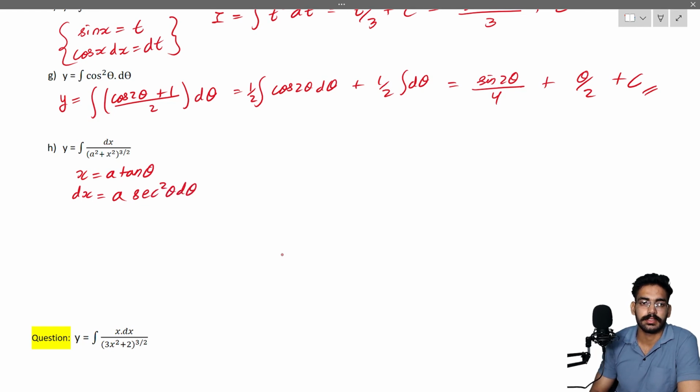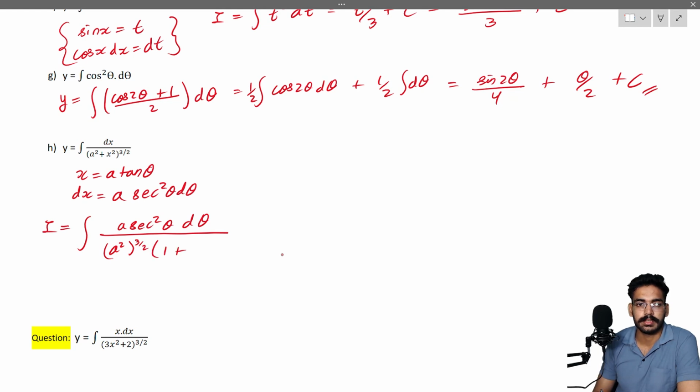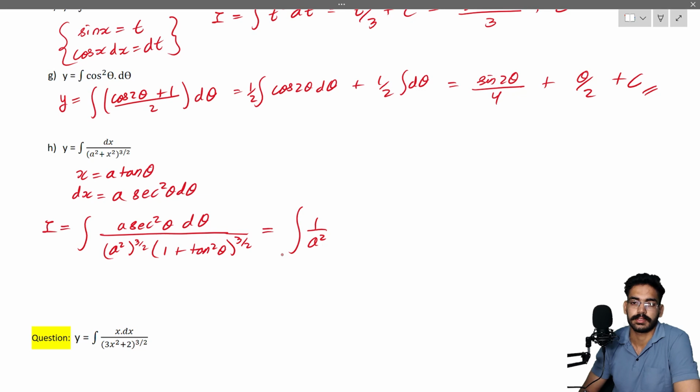Now let's resolve the integration. I is equal to the integration of dx, that is a sec square theta d theta, divided by a square to the power 3 by 2 multiplied by 1 plus tan square theta to the power 3 by 2. Let's do the integration. The a cube gives 1 by a square, a constant which comes outside.